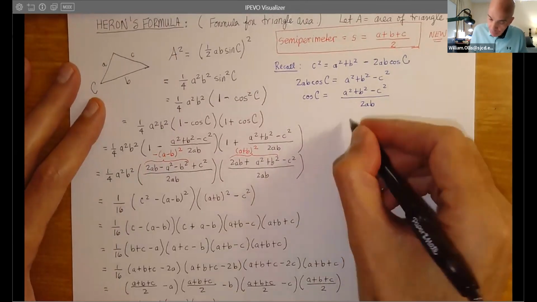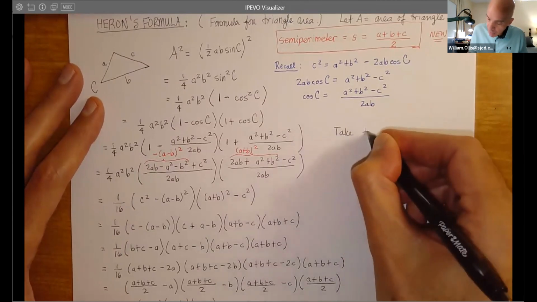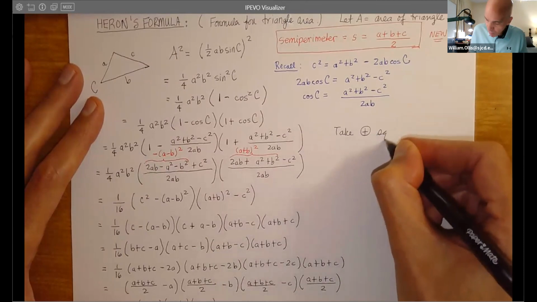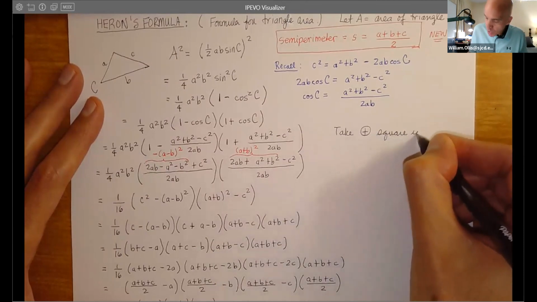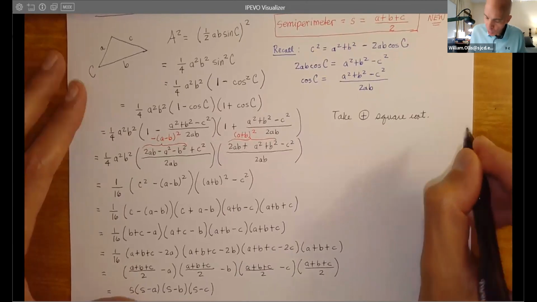So take the positive square root. We do a lot of square rooting with the trig because of the unit circle.